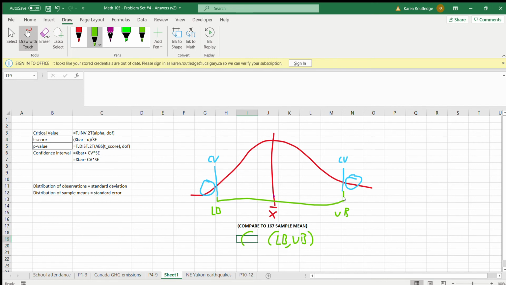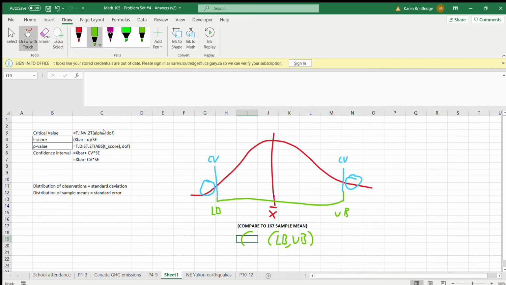This represents where they are, but the confidence interval has to be in the units of the sample mean. So the mean was 167 megatons of CO2. So our confidence interval, our lower bound and upper bound, also needs to be in megatons CO2. So it's going to be somewhere around 167.